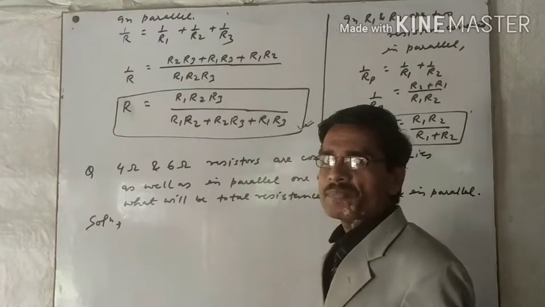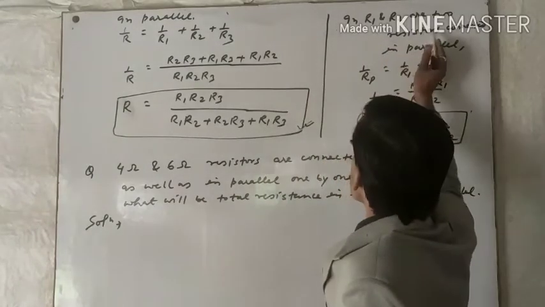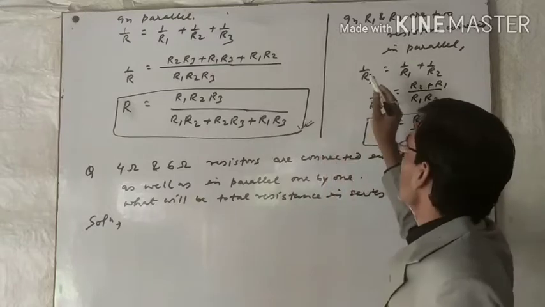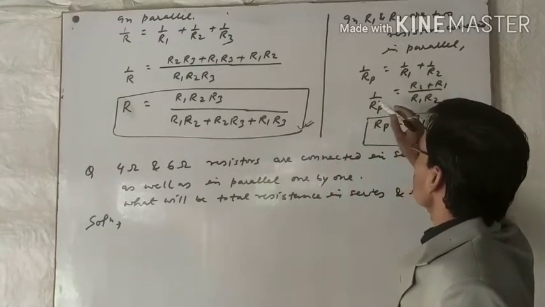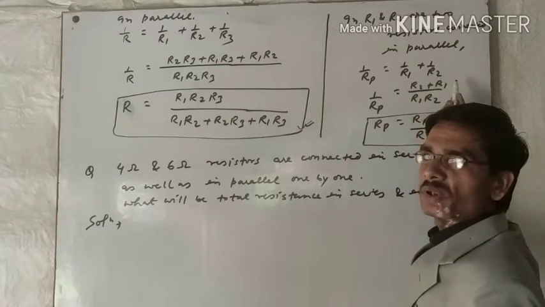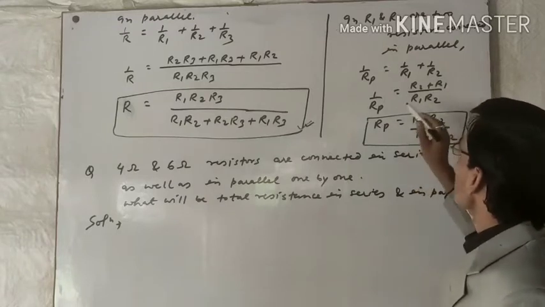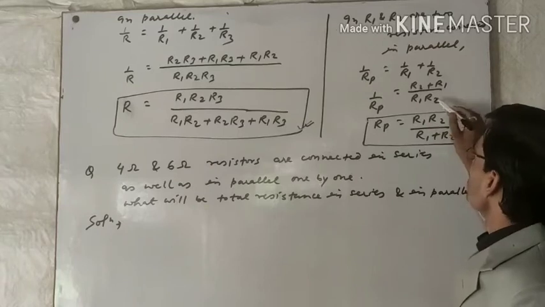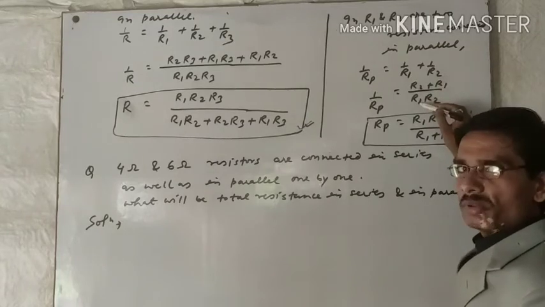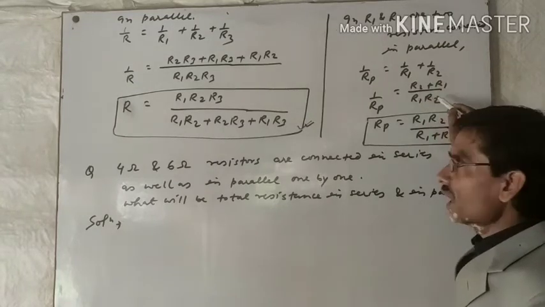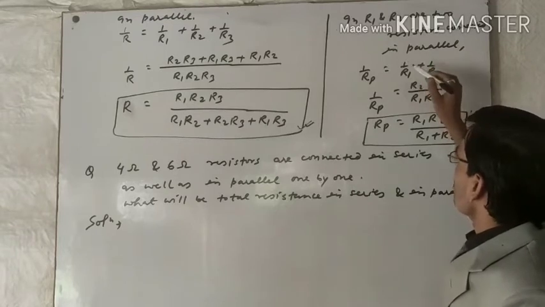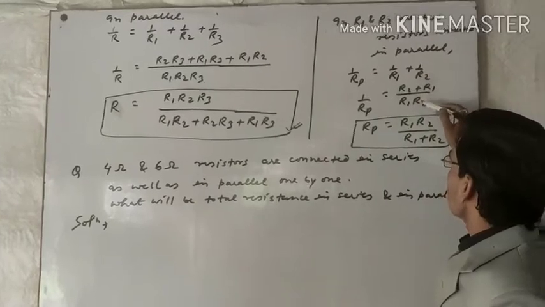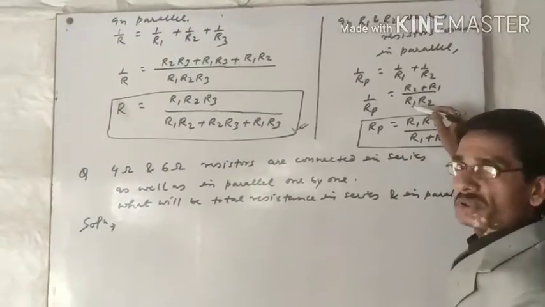In the same way, when two resistors are connected in parallel, then what will be? So 1 by Rp equals 1 by R1 plus 1 by R2. Further, we will also take LCM. R1, R2 will be the LCM. R1 से R1, R2 को डिवाइड करेंगे, we will get R2. R2 into 1, that will be R2 plus R2 से इसको डिवाइड करें तो R1 बचेगा.